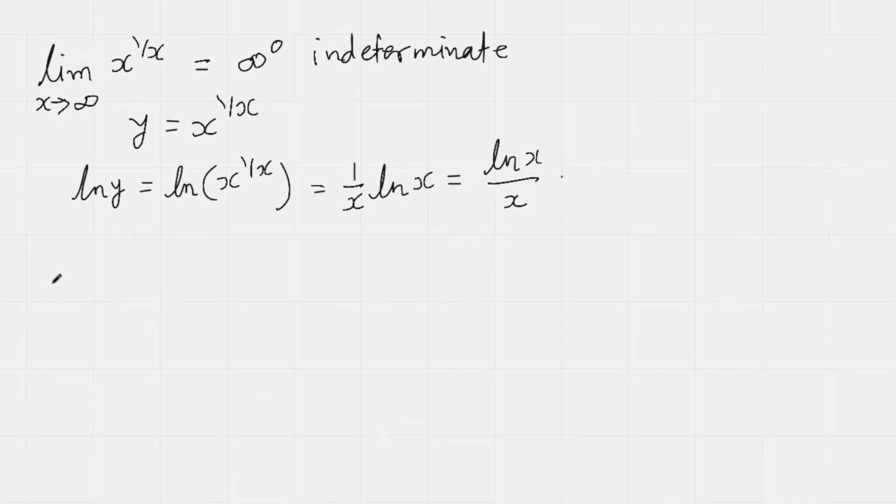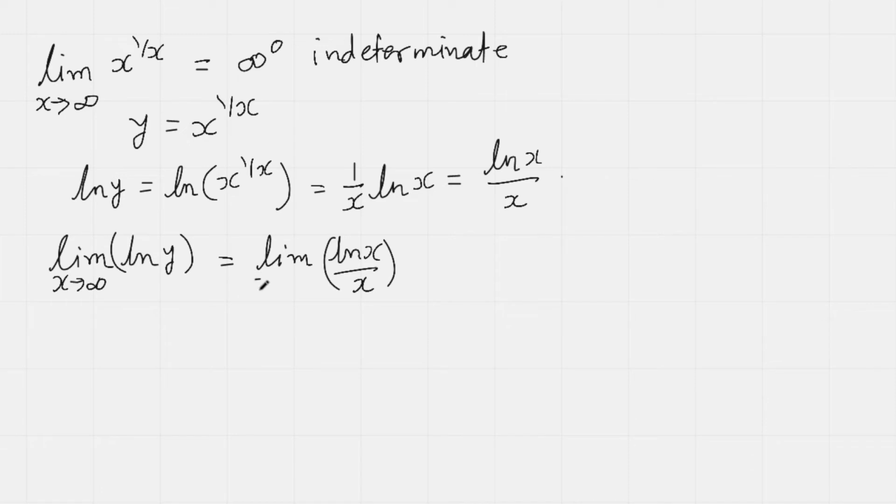Now let us take the limit on both sides. So the limit of ln y as x approaches infinity is equal to the limit of ln x over x as x approaches infinity.